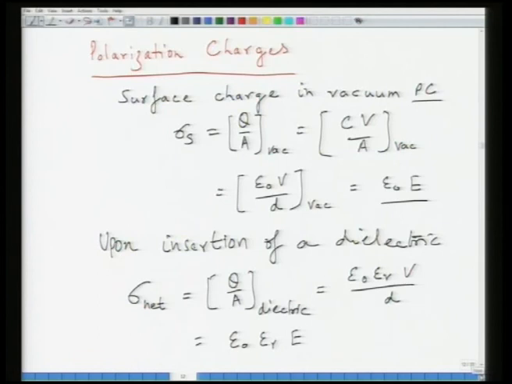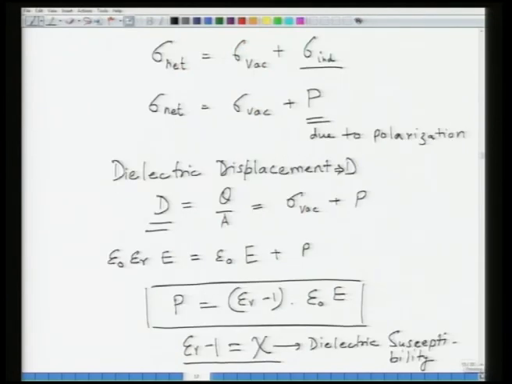And then we looked at the surface charge density mathematically, and from that we found that the net surface charge density would be the sum of the surface charges that were present without the dielectric plus what is created because of the presence of the dielectric, and that is because of polarization. From that we find two quantities.